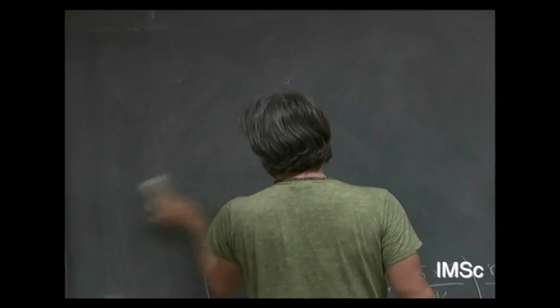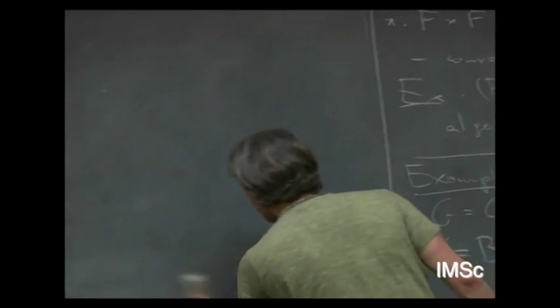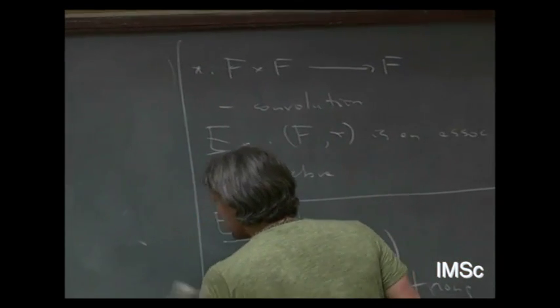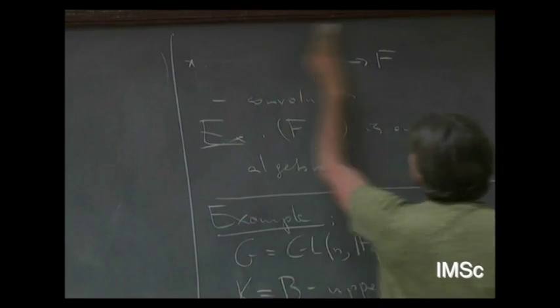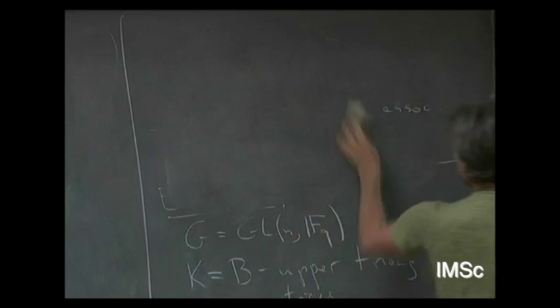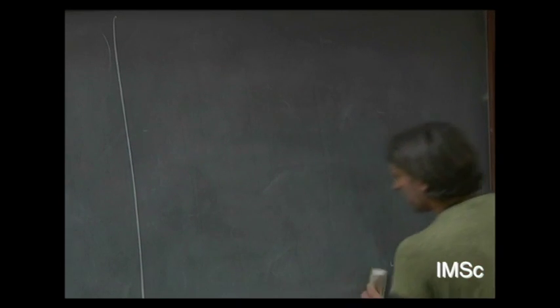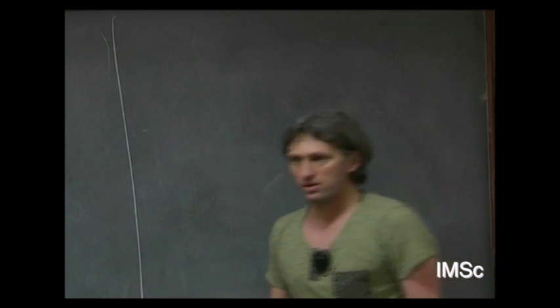So my algebraic machine applied to geometry will produce as an outcome not a vector space like this F, but a category. And the convolution will be a monoidal structure on this category instead of associative product.